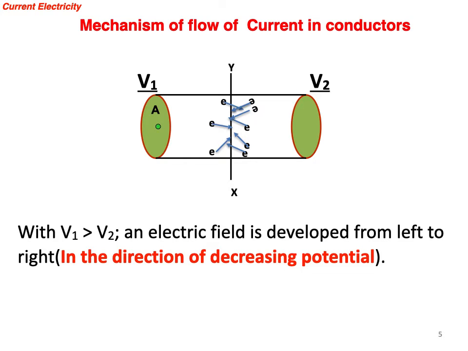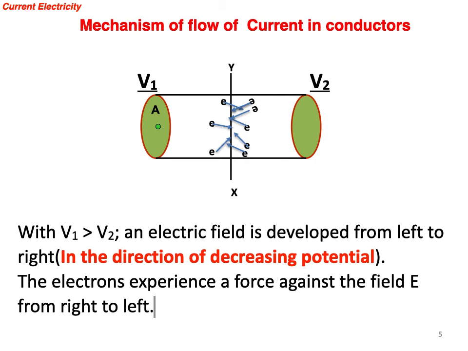Since the electrons carry negative charge, they experience a force opposite to the direction of the electric field. So electrons experience a force against the direction of electric field. Electric field, higher potential to lower potential, V1 to V2 towards right.